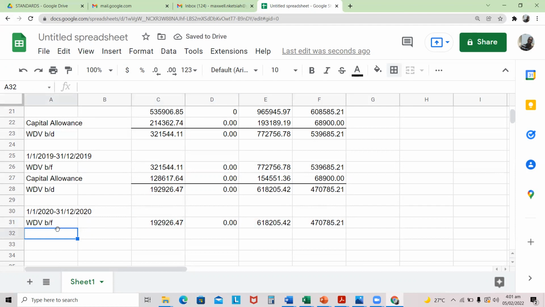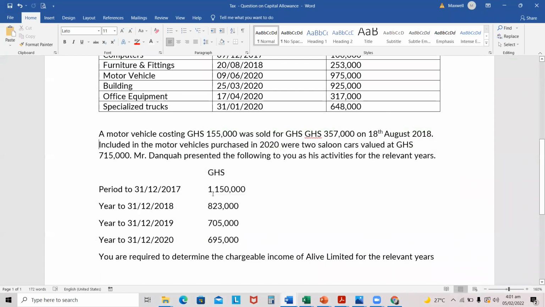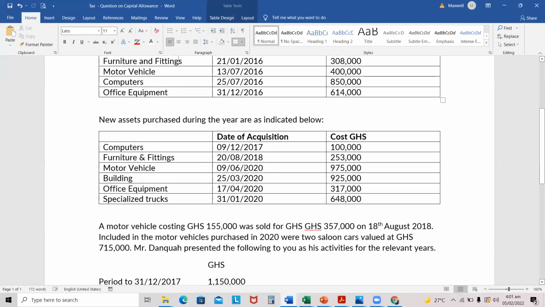Then we ask ourselves whether there was addition. In 2020 there were lots of additions. We have motor vehicle, building, office equipment, specialized trucks. And there's a comment here. Included in the motor vehicles purchased in 2020 were 2 saloon cars valued at 715,000.